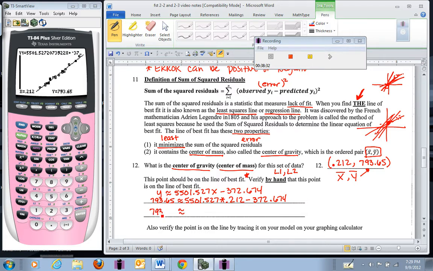So 793.65 is going to be approximately equal to this amount over here, and let's see if that's true. We take 5501.527 multiplied by 0.212 and then subtract 372.674.